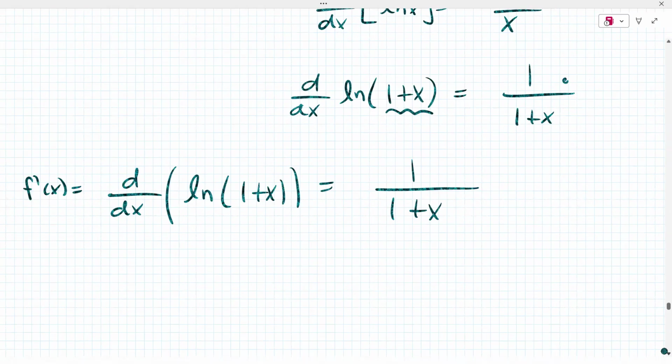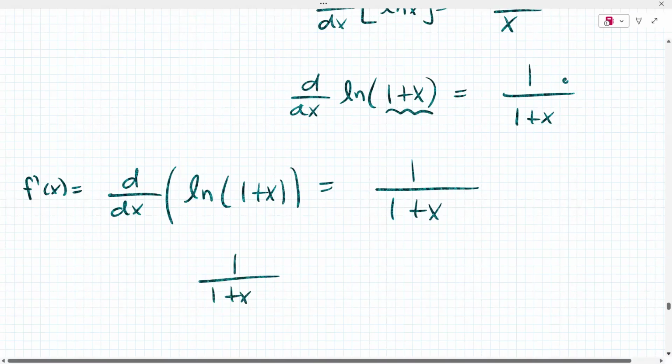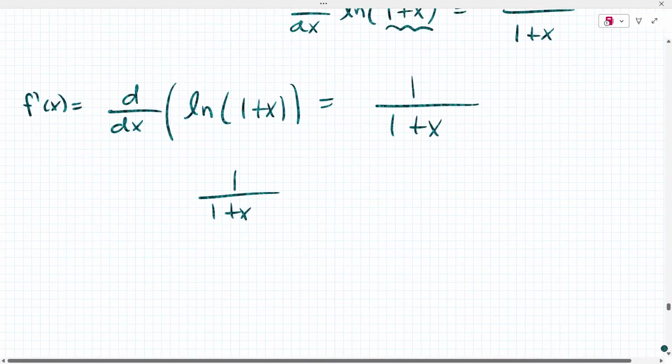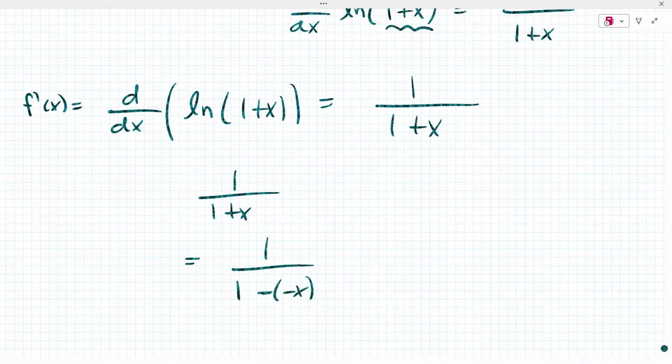We know that 1 over 1 plus x, we can rewrite that positive x into 1 over 1 minus a negative x. And that gives you the summation of n equals 0 to infinity of negative x raised to the n.